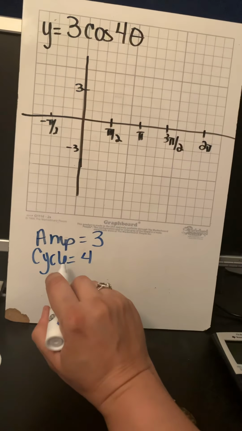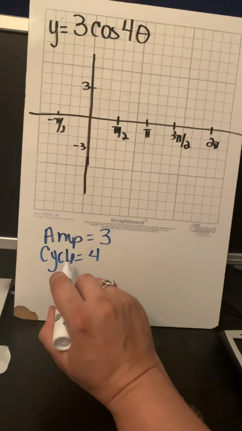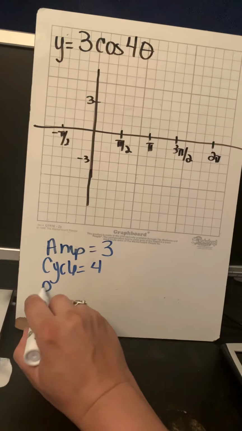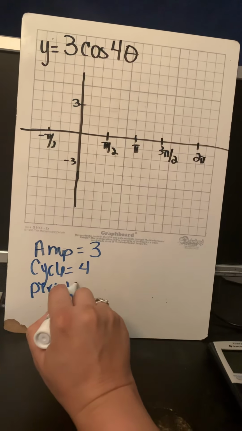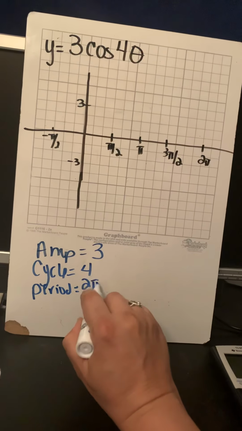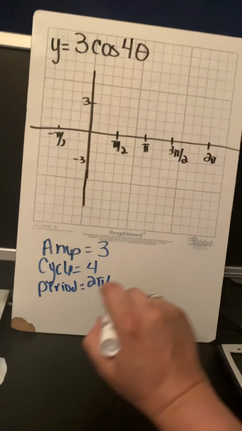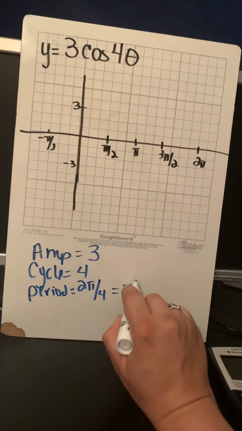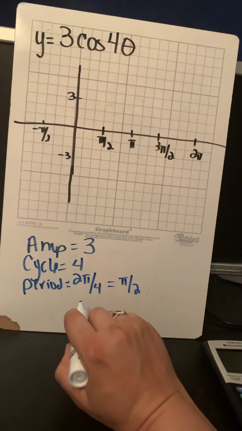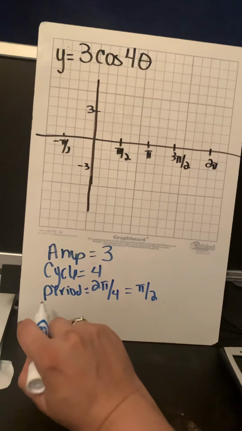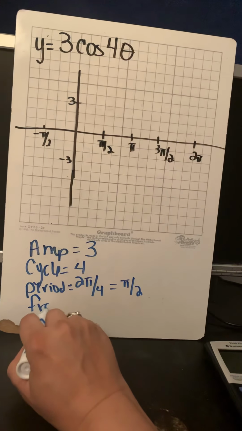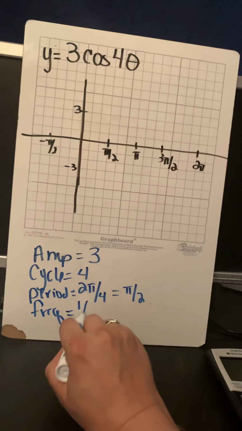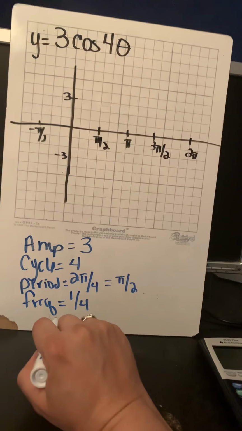That means there's going to be 4 cycles all the way to 2 pi. Your period is 2 pi over that cycle, or 2 pi over b, which is pi halves. And your frequency is going to be 1 over the cycle, or 1/4.